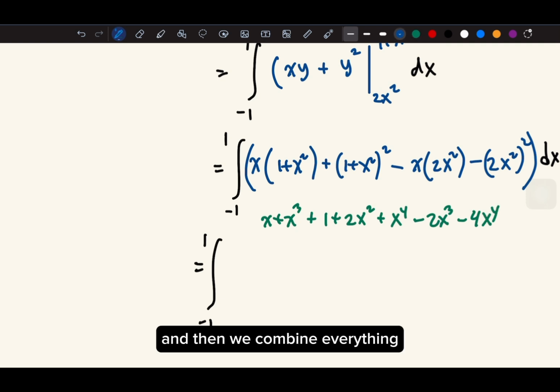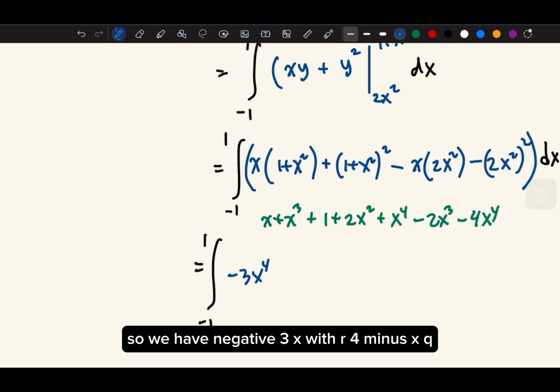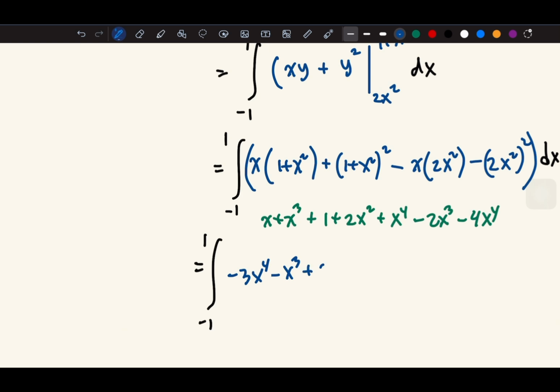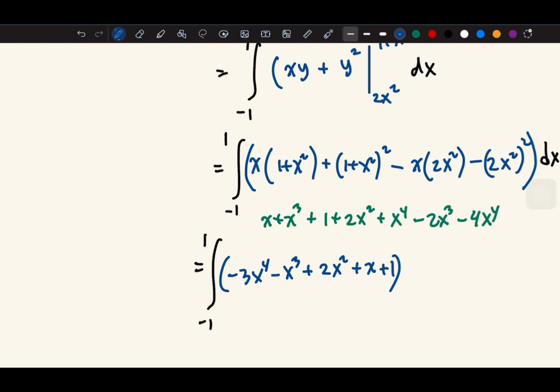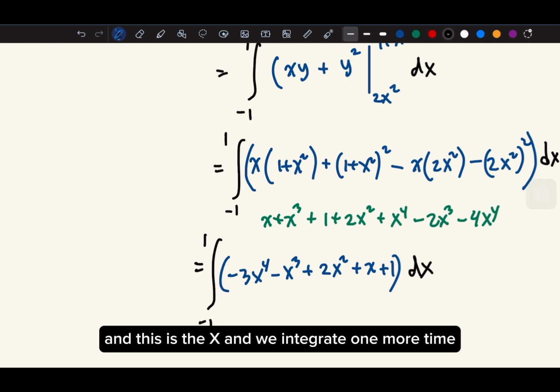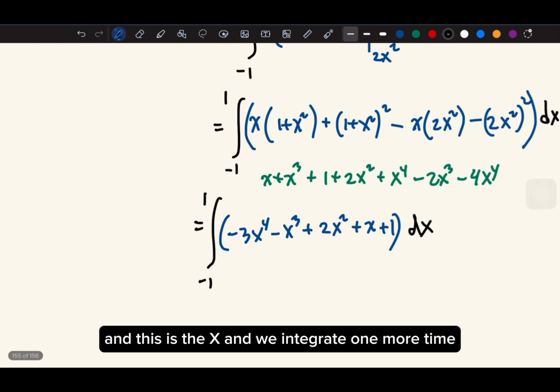And then we combine everything. So we have -3x to the power of 4 minus x cubed plus 2x squared plus x plus 1. And then we integrate one more time.